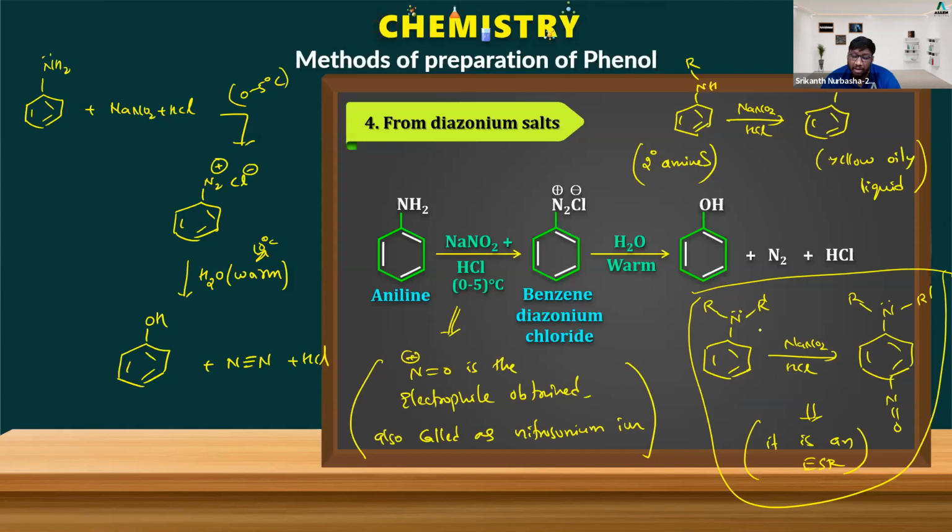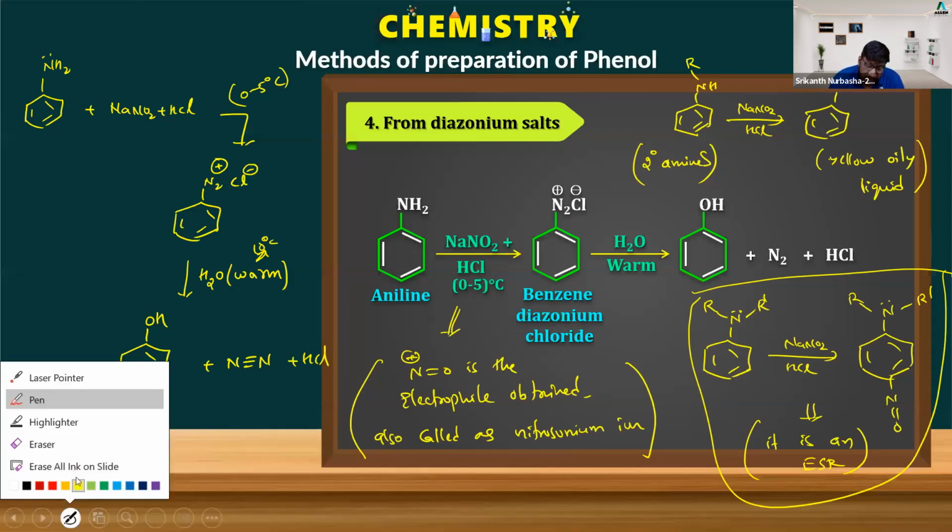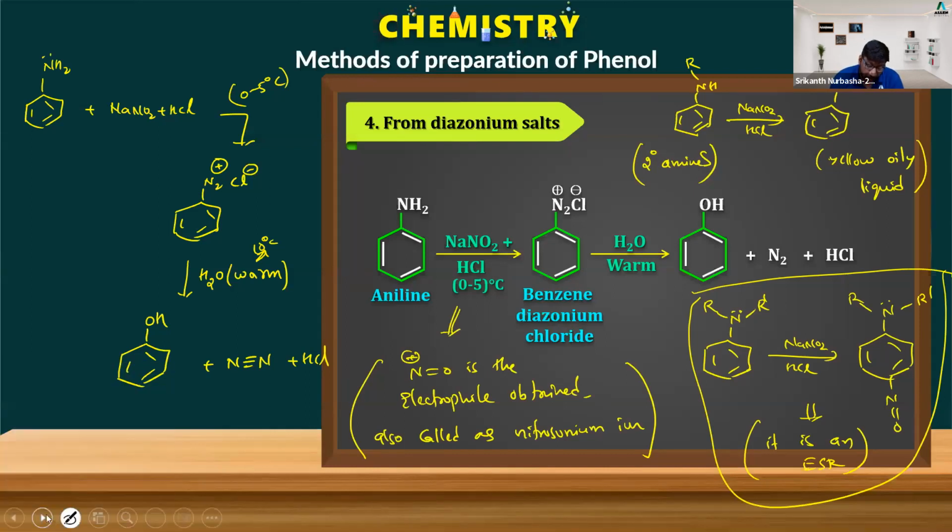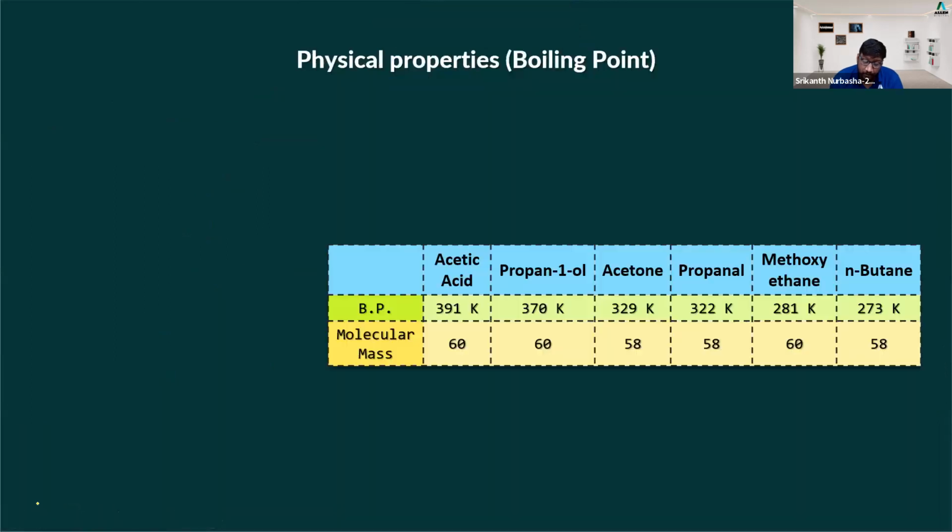That means tertiary amines undergo electrophilic substitution reaction, not nucleophilic attack. That is how it is used to characterize between primary, secondary and tertiary aromatic amines, right?